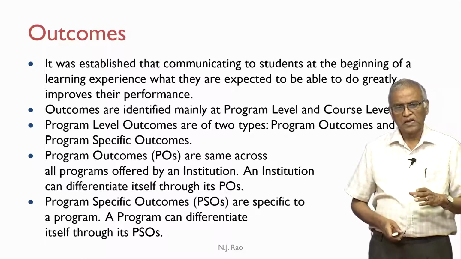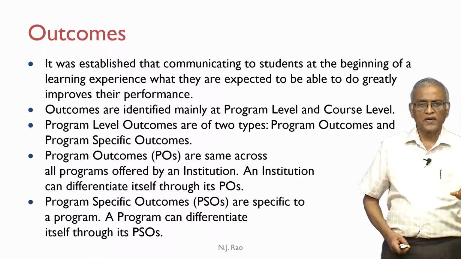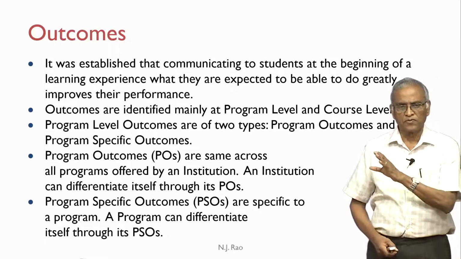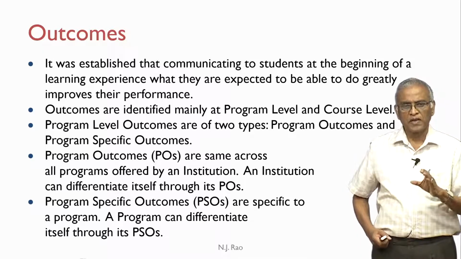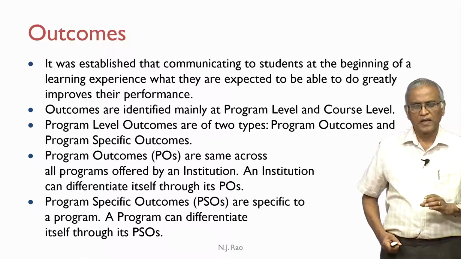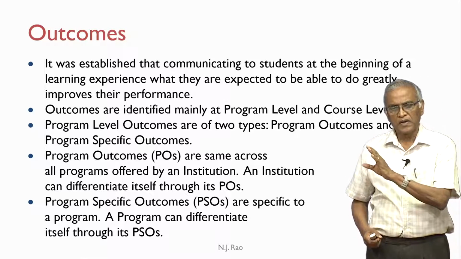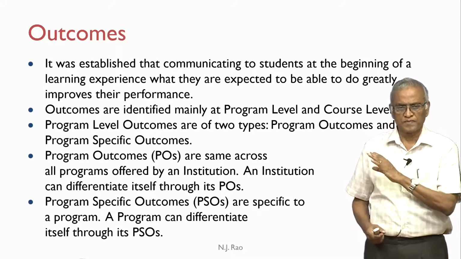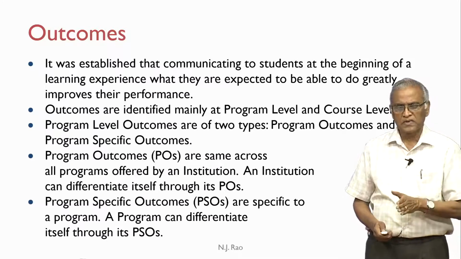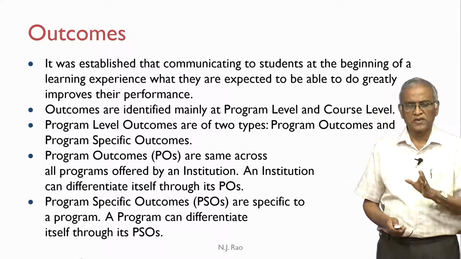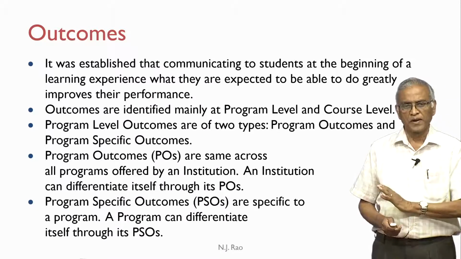But one thing, in an institution all programs have to attain the same set of POs. That is, you do not write one set of POs for a BA in dance and another set of POs for a BA, let us say, in politics. The program outcomes are the same. What do they represent? POs represent the characteristics of good graduates of a program.